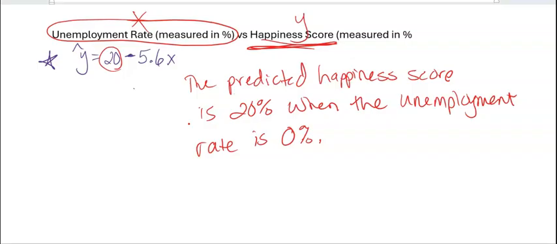Okay, so again, your intercept is always the predicted y when your x is 0. Okay, so hopefully that helps out a little bit.